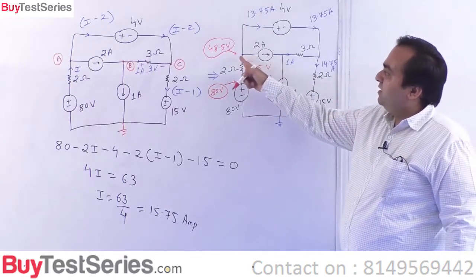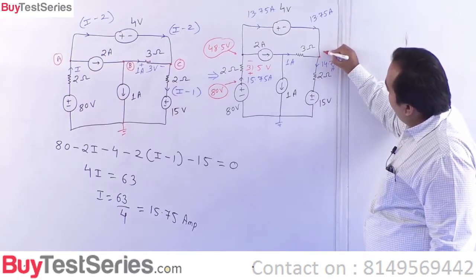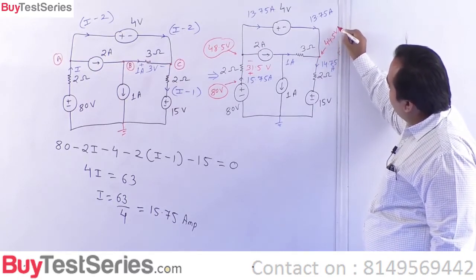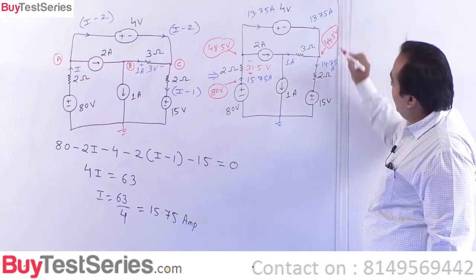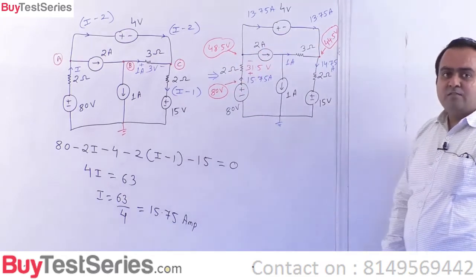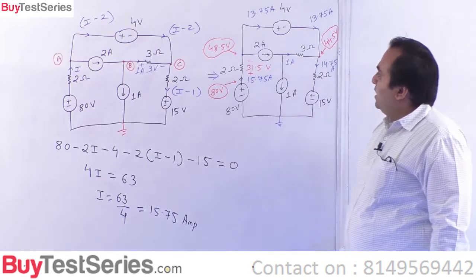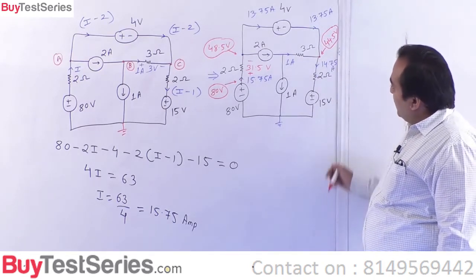If you further deduct 4 from 48.5, you get a voltage 44.5 volts here. So these are absolute potentials at this point. So this is 44.5.